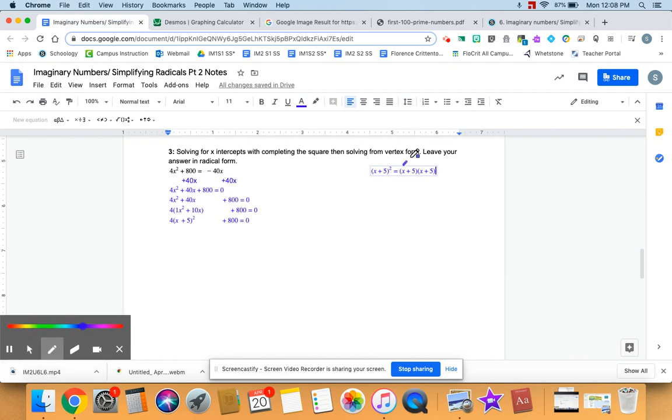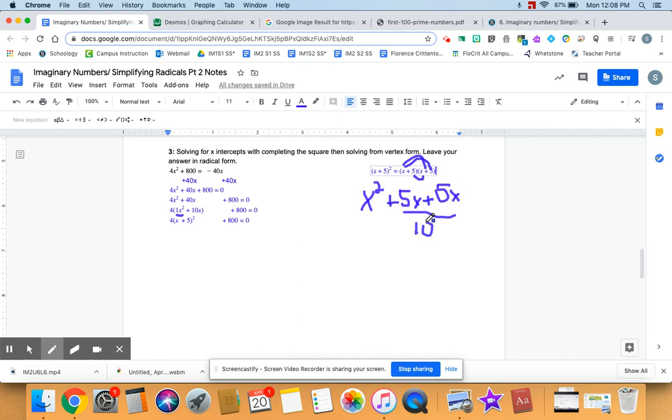If I multiply that out, the x times the x becomes the x squared, which is what I have right here. The x times the 5 becomes a 5x. And this 5 times x right there is another 5x. And the two 5x's together become 10x when I add them together. And that's what's right here.